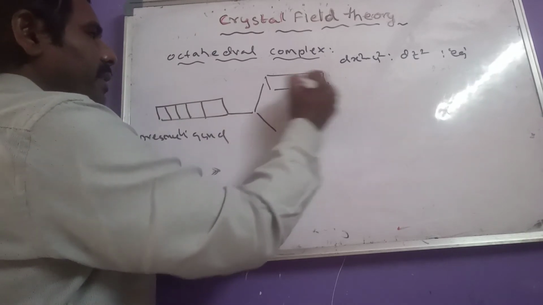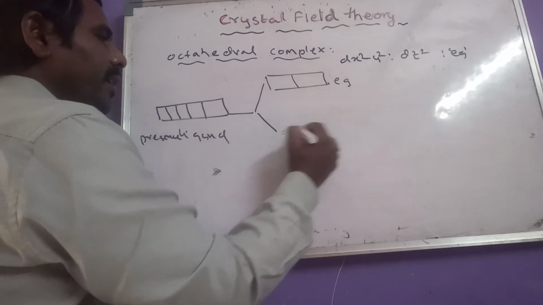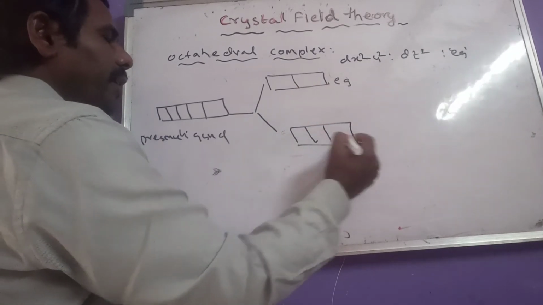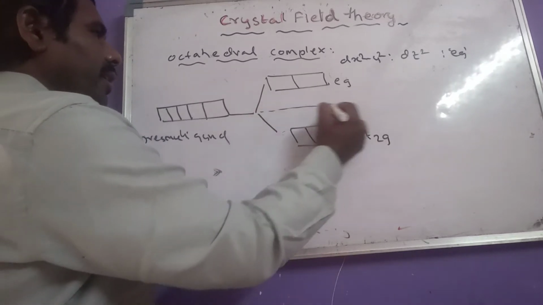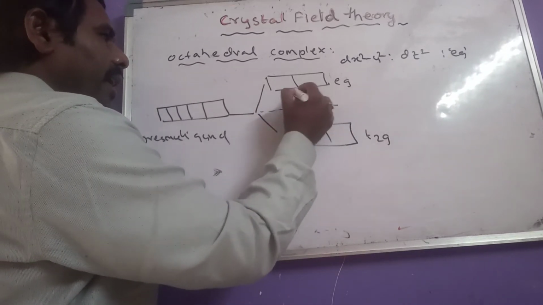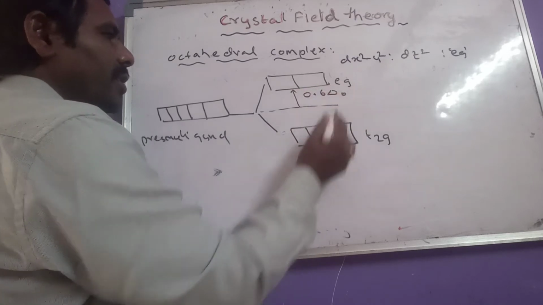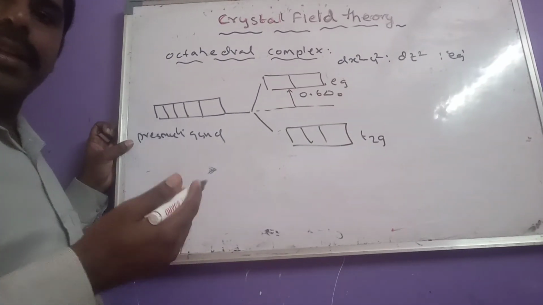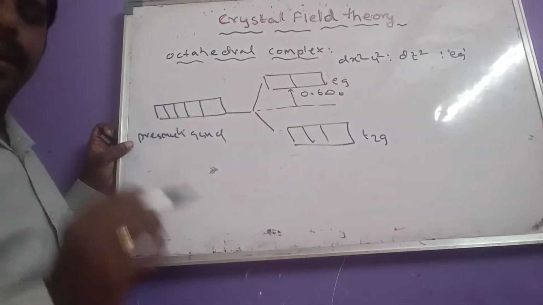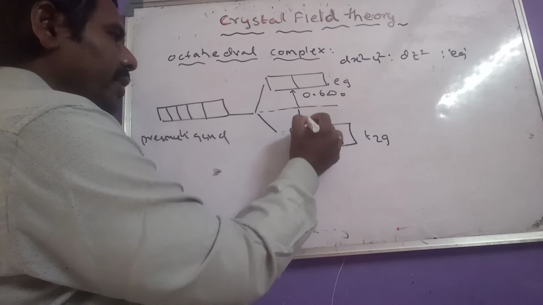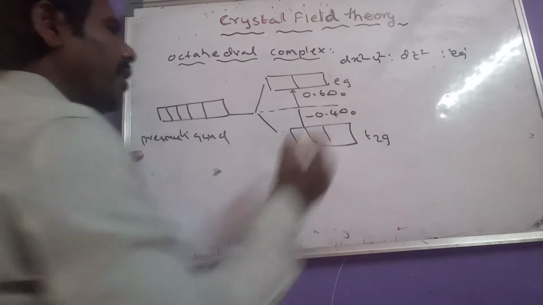The Eg set of orbitals gains energy and the T2g set of orbitals loses energy. The Eg energy is enhanced by 0.6 delta naught, where delta naught is the crystal field splitting energy for octahedral, and the T2g energy is decreased by 0.4 delta naught.